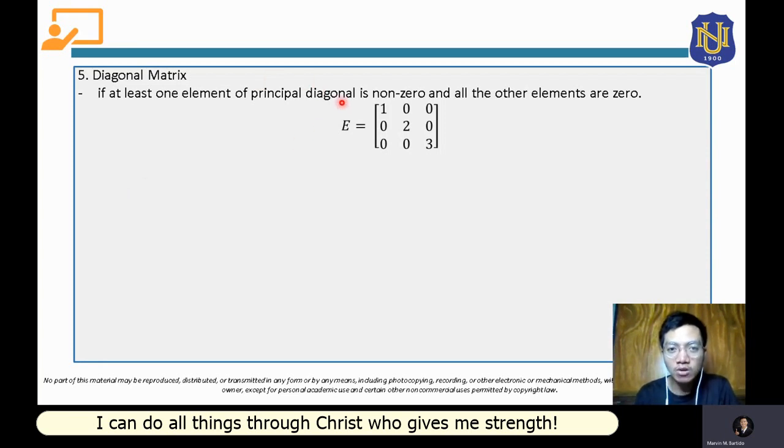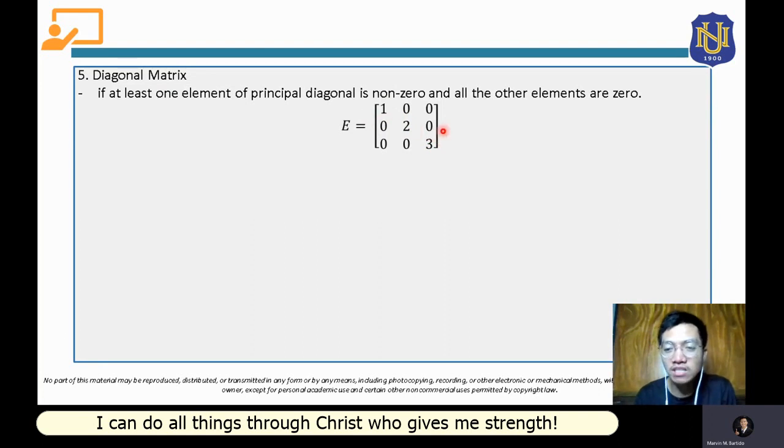So the principal diagonal that we are referring to here is this diagonal. This is the principal diagonal of a matrix. Your principal diagonal is not here. It cannot be this. The principal diagonal again is this. You can say that this is a diagonal matrix if at least one element from this principal diagonal is non-zero.